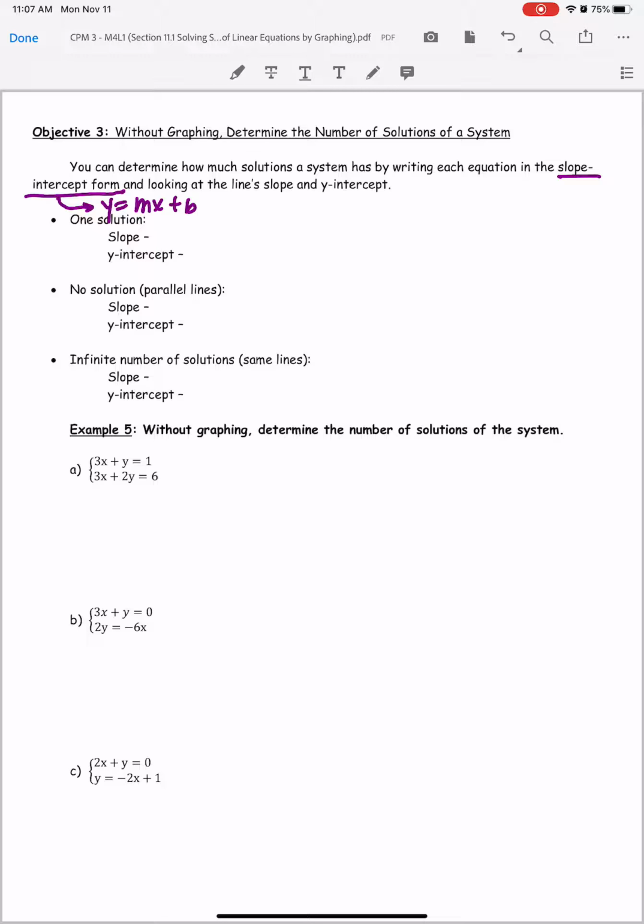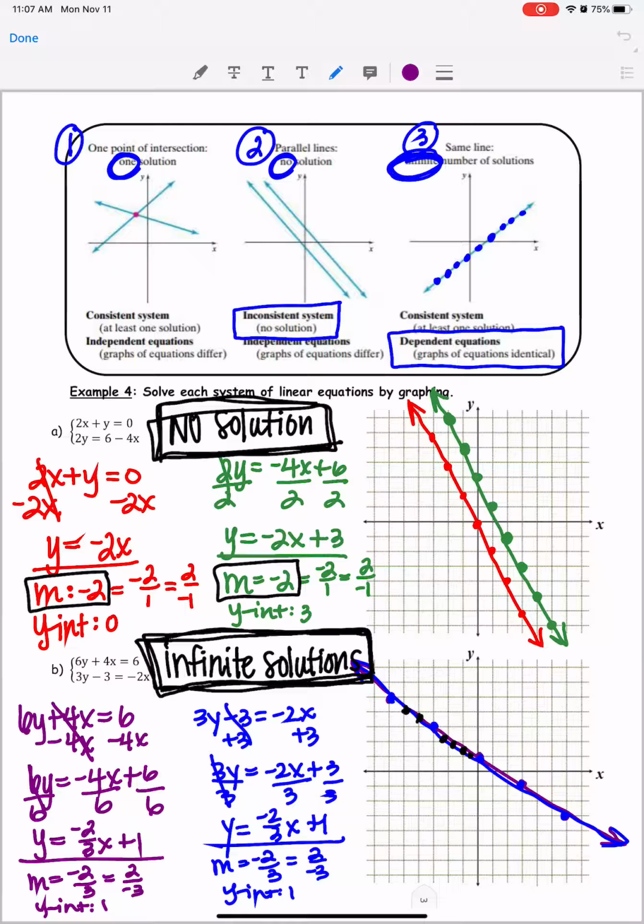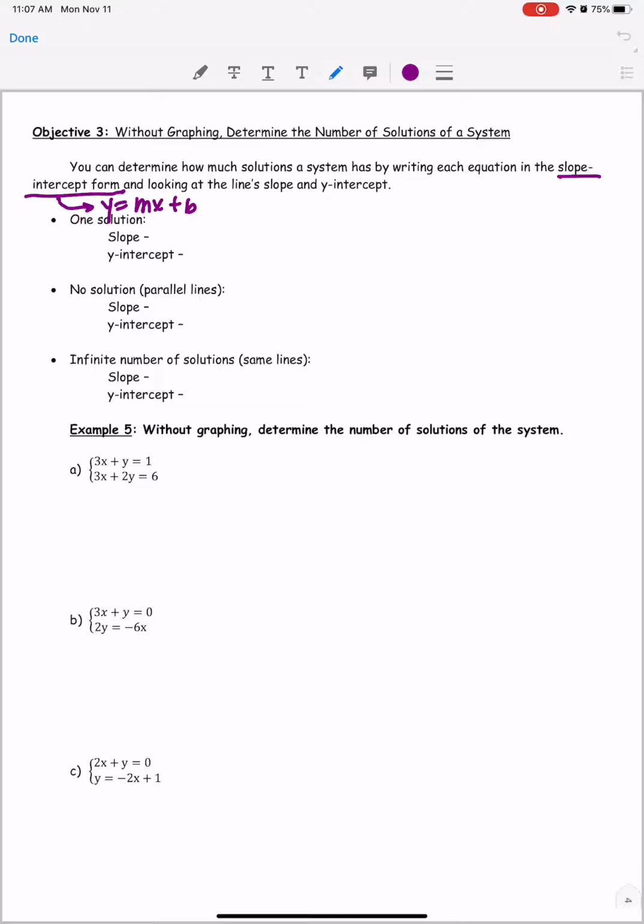So if you look over here on this previous page, we knew that these were going to be parallel because they had the same slope but different y-intercepts. On B, I knew this was infinite solutions because we had the exact same equation. So once I put it in this y equals mx plus b form, it has one solution if the slope is different.